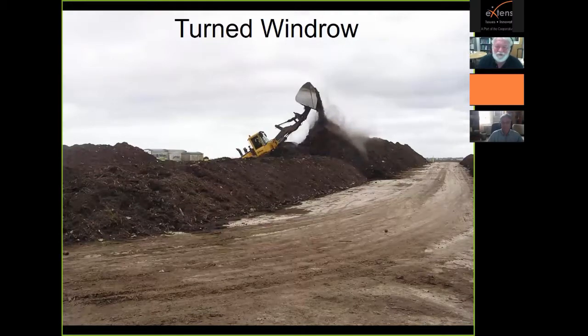Now, there's a problem with this picture, and when we teach this class at Gary and Greg's Better Compost School, I always ask the question, what's wrong with this picture? Well, the answer is he's driving up on the pile. So now you have the weight of a multi-ton loader pressing down on the pile. And what does that do?